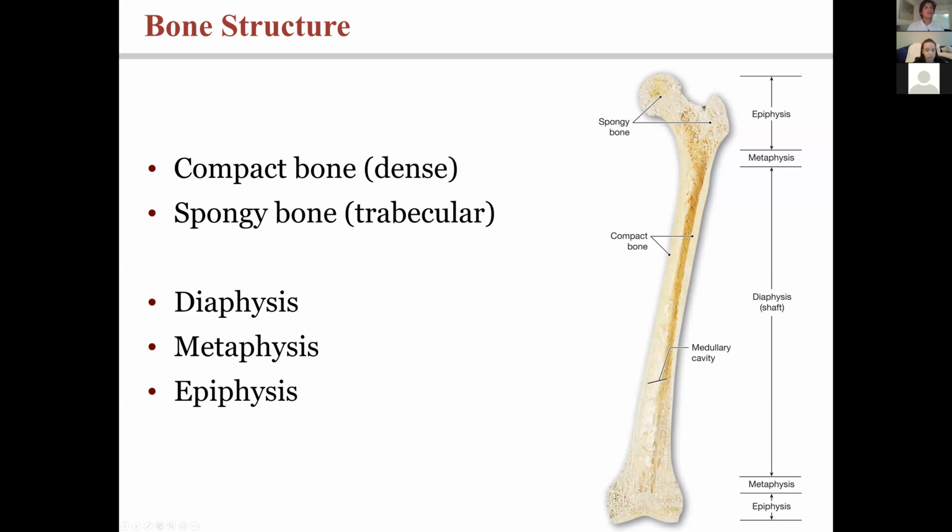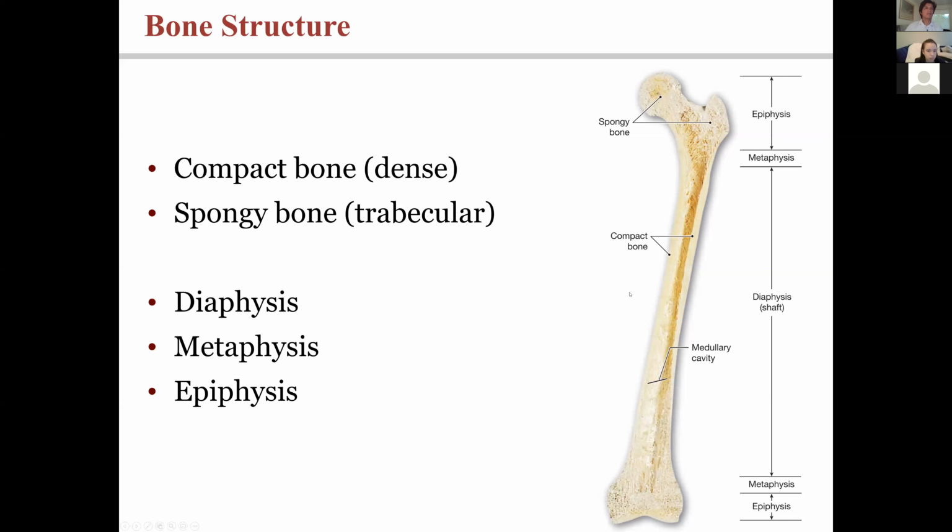As you can tell, compact bone is great for collecting and transferring pressures that are occurring in this particular axis.